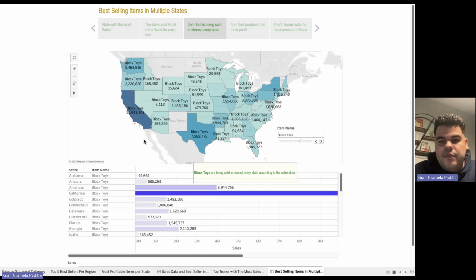And I picked the block toys because it also highlights what I was talking about earlier, that California and some of the states have the biggest sales. It kind of highlights the best performing states as well. So I thought it was really important to drill down and see more of that data as well.